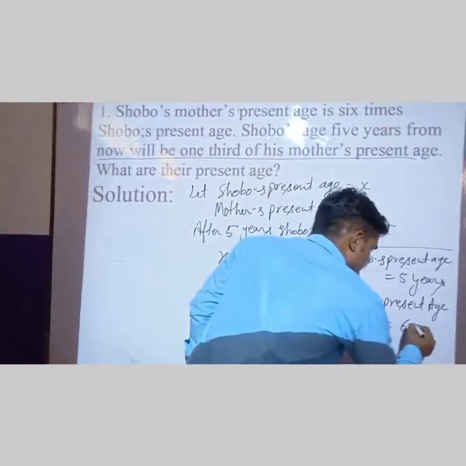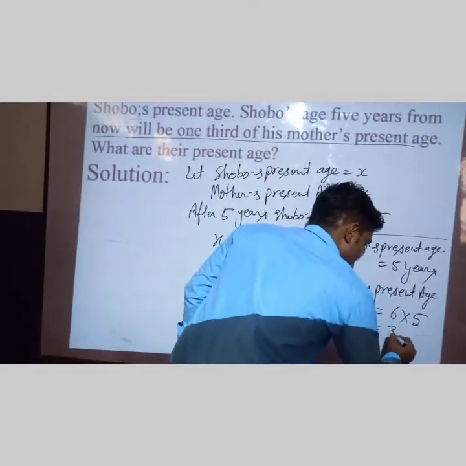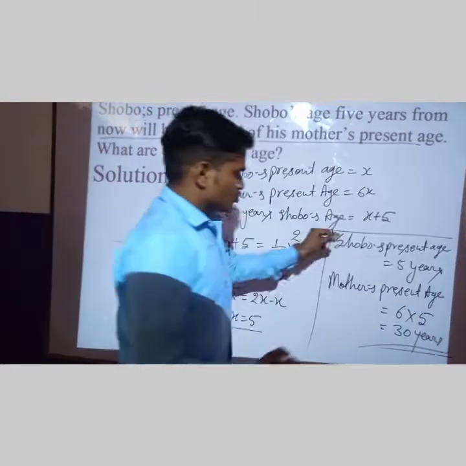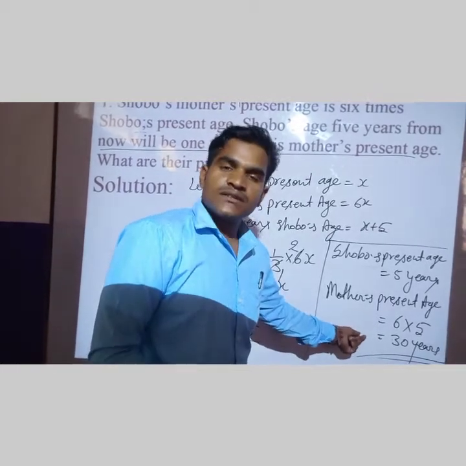It means x is replaced by 5. So we get 6 times 5, 30 years. So Shibu's present age is 5 years and his mother's present age will be 30 years.